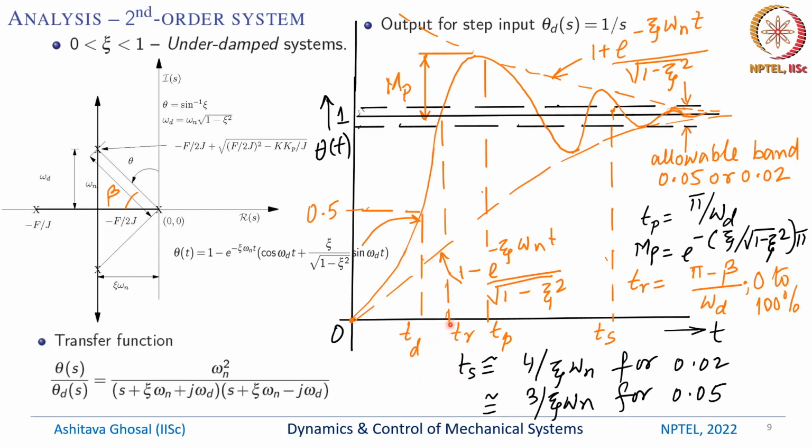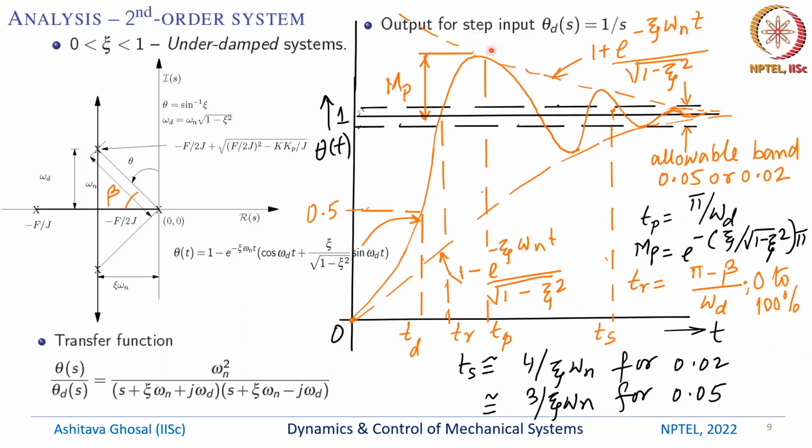Then we also have the rise time. There are various ways of defining a rise time. In this picture, I have shown the rise time when it goes from 0 to 100% or 0 to 1, the time required for theta of t to reach 1 the first time. So this is Tr. And then there is one more very important time which is called settling time.